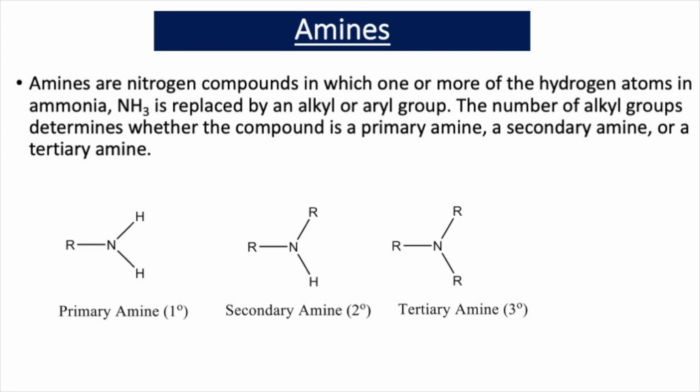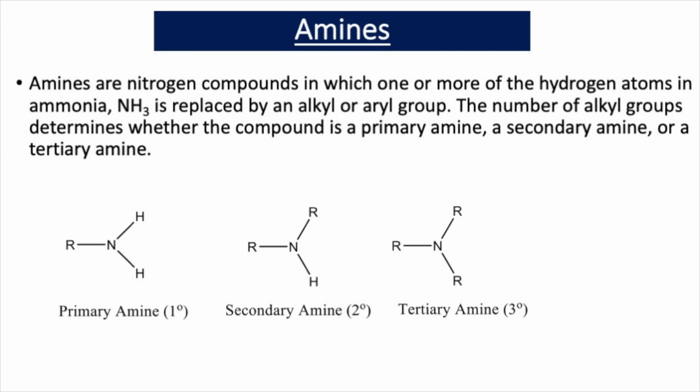And the number of alkyl groups determines whether the compound is a primary amine, a secondary amine, or a tertiary amine. So for example, if we look at the diagrams here, if we have an alkyl group attached to a nitrogen and two hydrogens, that is classed as a primary amine. This is because I've replaced one of the hydrogens in ammonia by one alkyl group.